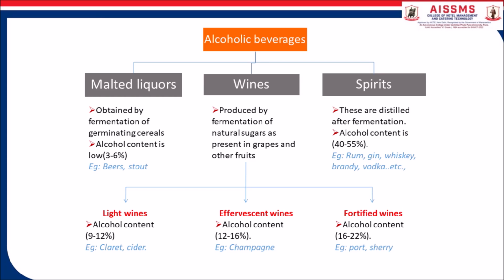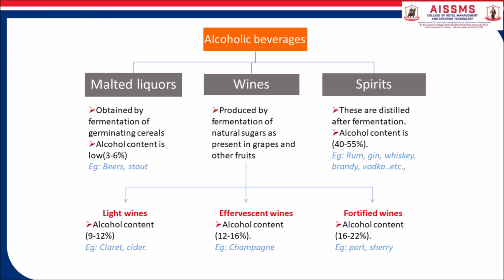Wines are produced by the fermentation of natural sugars which are present in grapes and certain other fruits. These wines can be further divided into, first, light wines, wherein the alcohol content is from 9 to 12%.